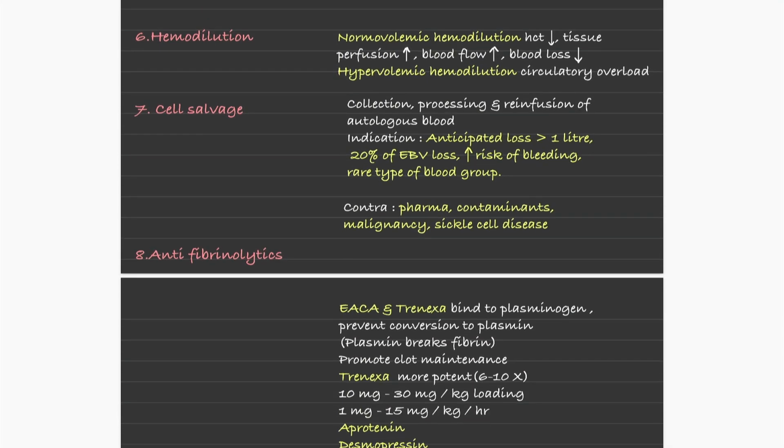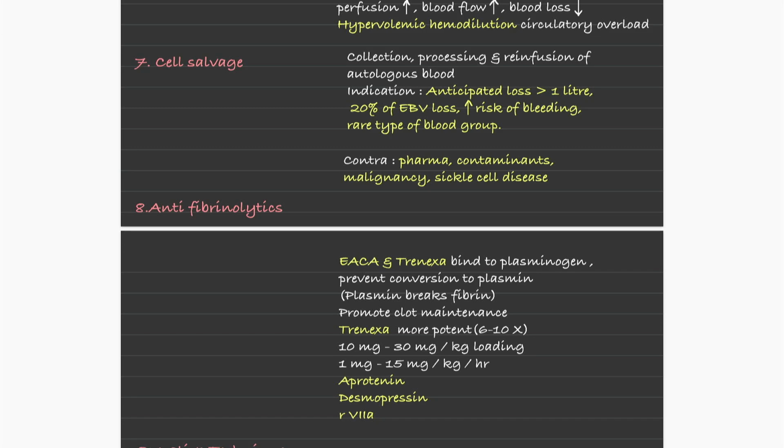And then we can talk about antifibrinolytics. Antifibrinolytics are epsilon aminocaproic acid and tranexamic acid. They bind to plasminogen and prevent conversion to plasmin, which breaks the fibrin. So fibrin is not broken, so clot is maintained. So they help in maintenance of clot.